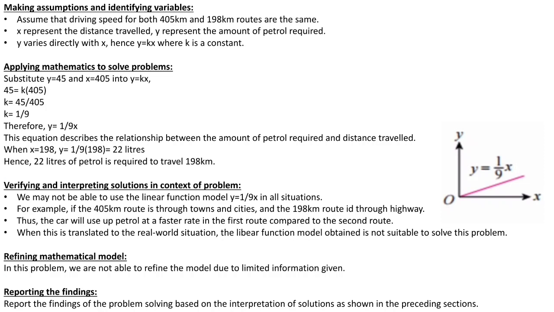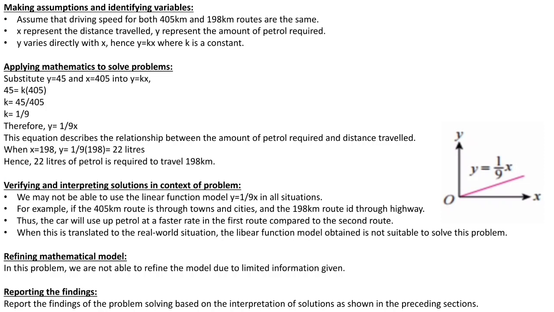Third is applying mathematics to solve the problem. Substitute y equal to 45 and x equal to 405 into the equation y equal to kx. 45 equal to k times 405, k equal to 45 over 405, so k is equal to 1 over 9. Therefore, the equation is y equal to 1 over 9 x.